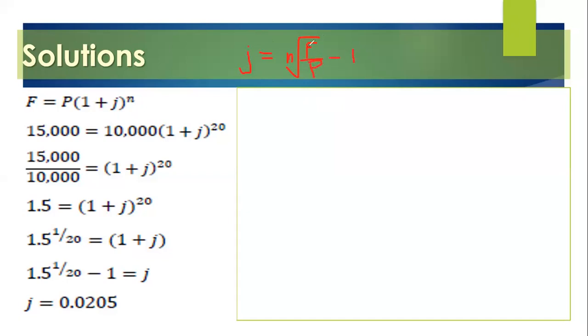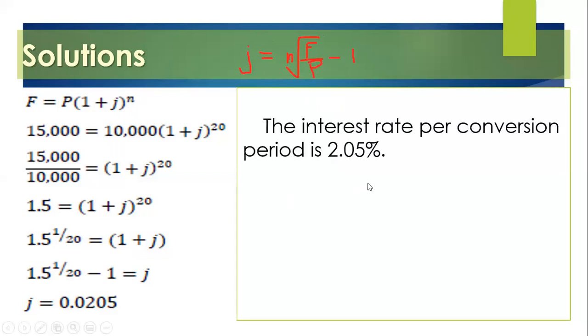Okay? So, substituting. So, 20th root ng F over P is 1.5. 15,000 over 10,000, that is 1.5. 20th root ng 1.5 is equal to 1 plus J, tapos minus 1 is equal to J.